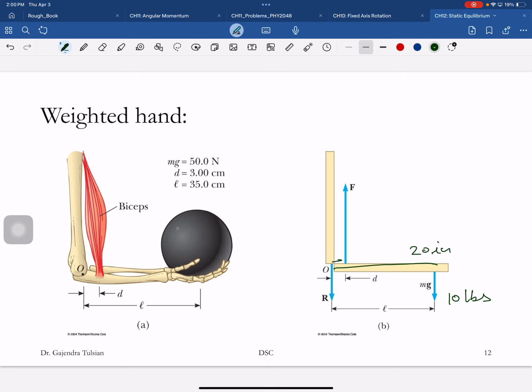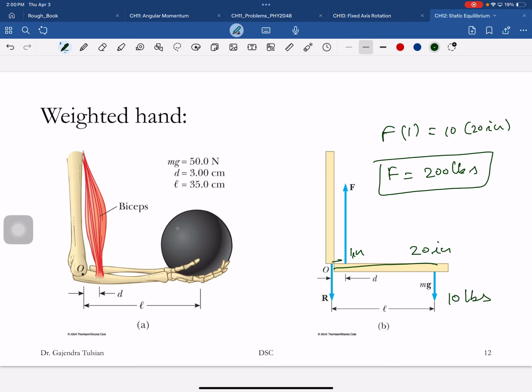And this is about 1 inch. So this force, F times 1 inch, should equal 10 times 20 inches. So the force is 200 pounds. To lift a 10-pound bowling ball, your muscles apply that 200-pound force.